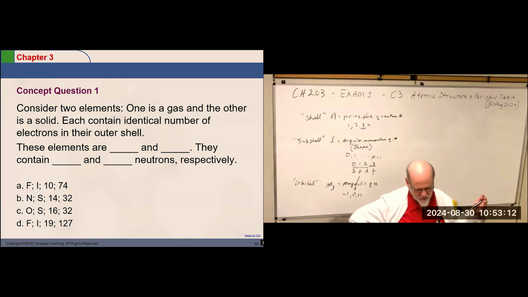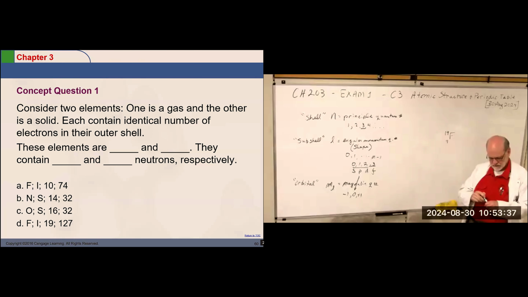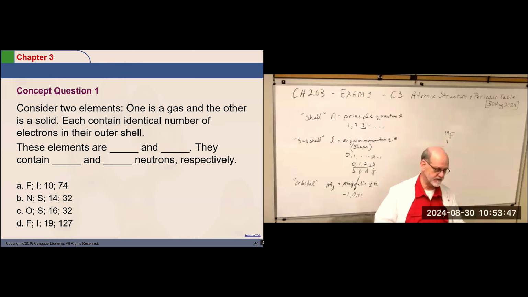Number contains how many neutrons? All right. Does fluorine have 10 neutrons? Let's see. Well, the most common isotope of fluorine is probably 19. Yeah. The most common isotope of fluorine would be this. Right? Because its atomic weight is really close to 19. Most of the isotopes are probably 19s, and you have some that are less.